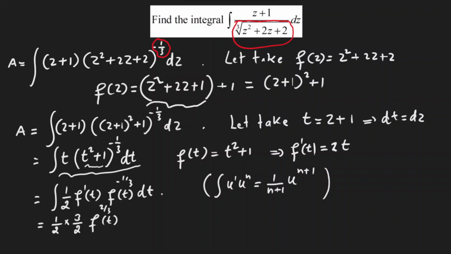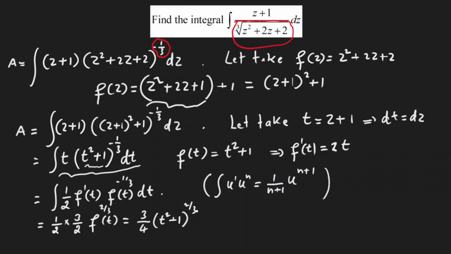That's what we get. So let us make it clean. That will be equal to 3/4. And what is f of t? F of t is t squared plus 1. So we have t squared plus 1 to the power 2/3.